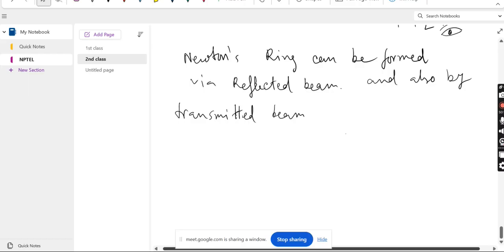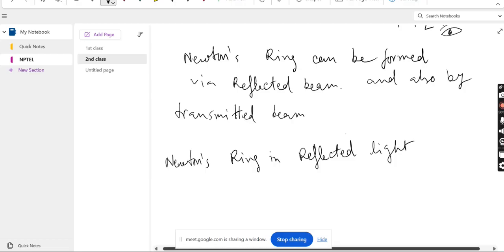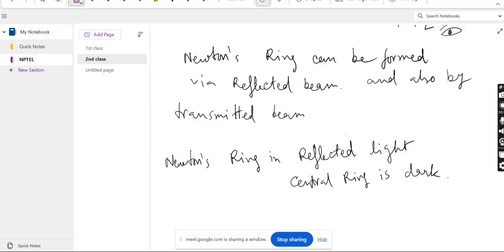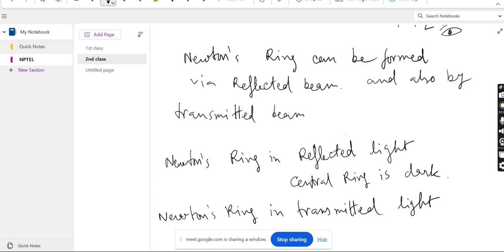For Newton's rings in reflected light, the central ring is dark, while for Newton's rings in transmitted light, the central ring is bright.